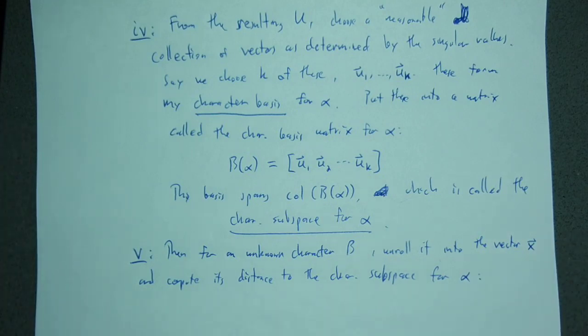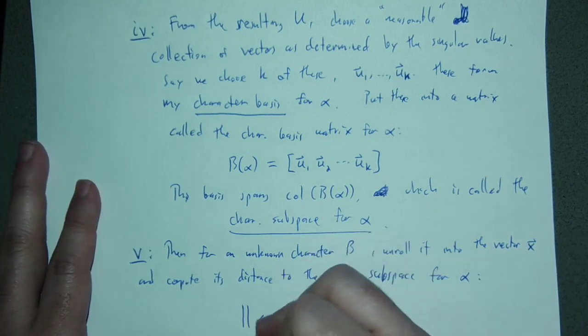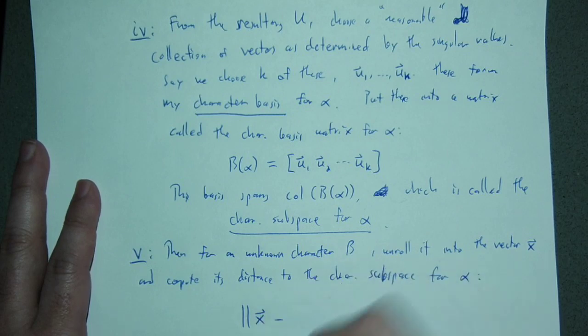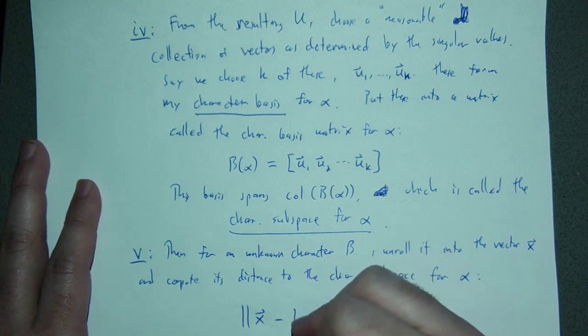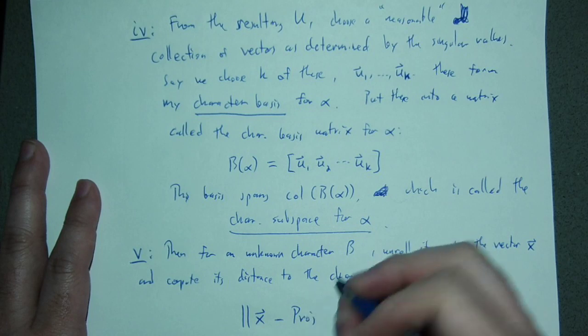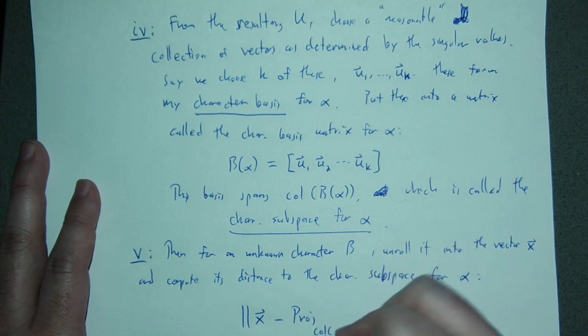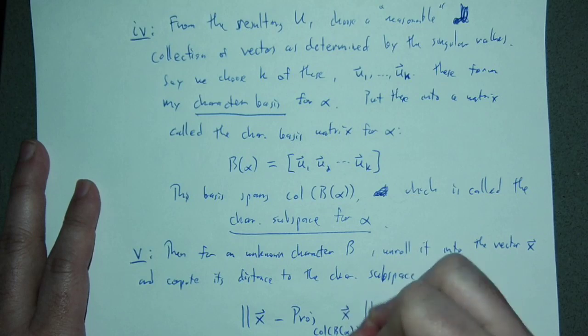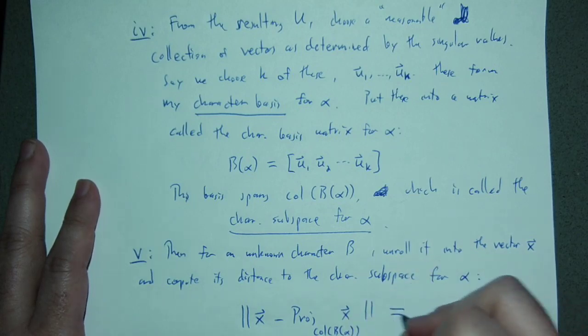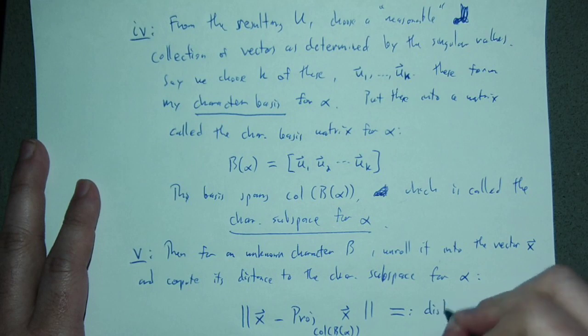Of course, that distance is the distance from x to its orthogonal projection onto the column space of this character matrix. And we call this the distance from beta to alpha.